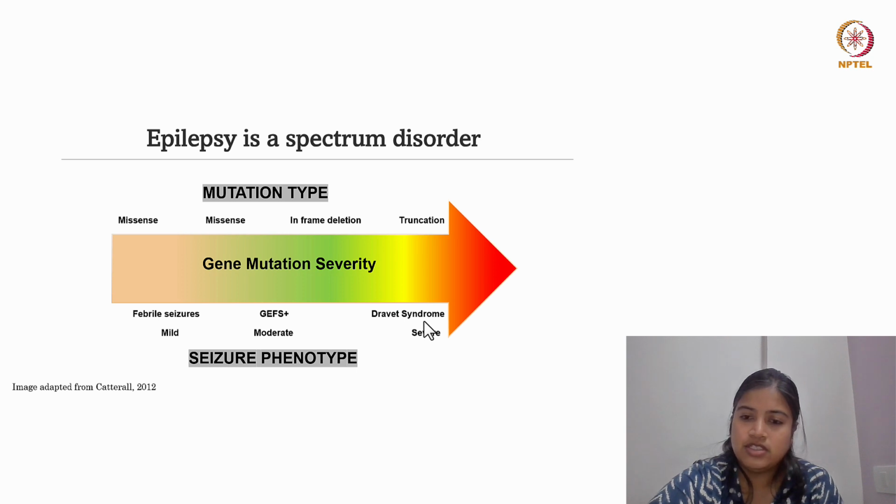Here the patient has a very early onset of the disease, has febrile seizures, has generalized seizures, and also has developmental delays. So depending on the kind of mutation, the seizure phenotypes could vary largely in SCN1A mutation. We are going to talk about GEFS plus, which is a moderate seizure phenotype, for the rest of our talk.